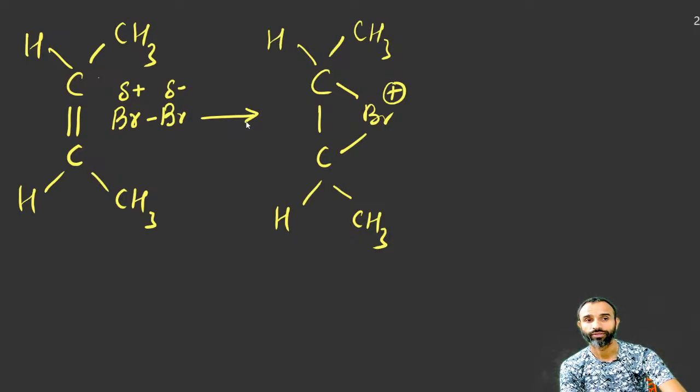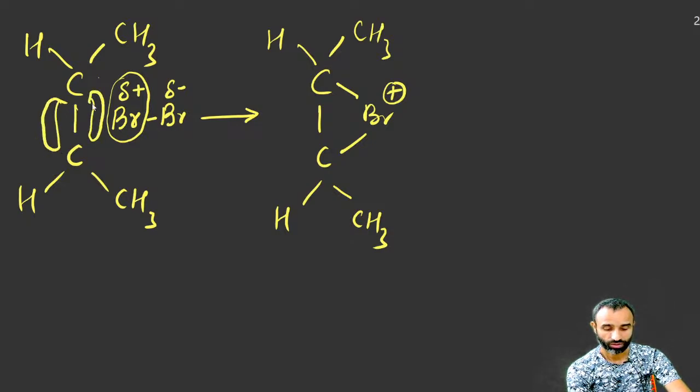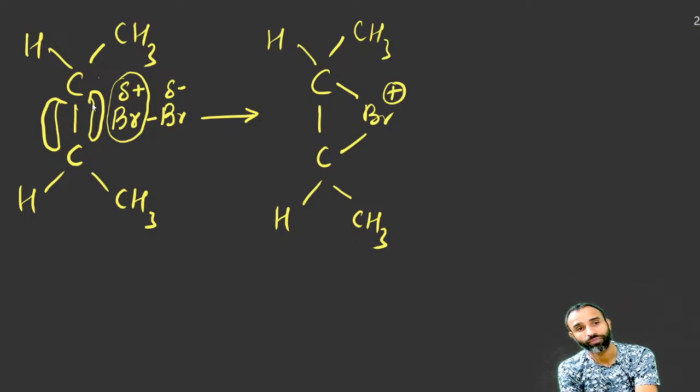and the other one will get a negative charge. Heterolytic fission. Because this part is electron rich, the pi electron cloud will repel the electrons and make bromine polarized, so the bromine closer to the electron cloud gets a positive charge, and the bromine away from the cloud gets a negative charge.